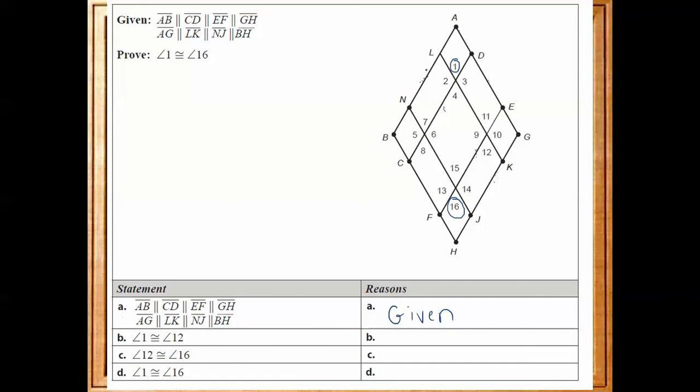So here it says that angle 1 is congruent to angle 12. Here we're talking about these two lines being parallel. So angle 1 and angle 12 are going to be alternate exterior angles.